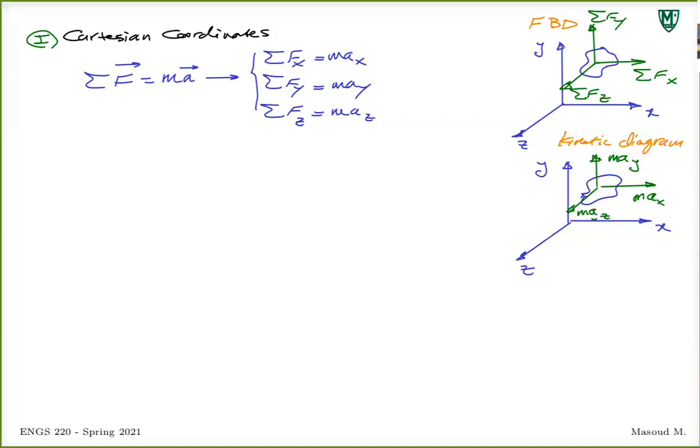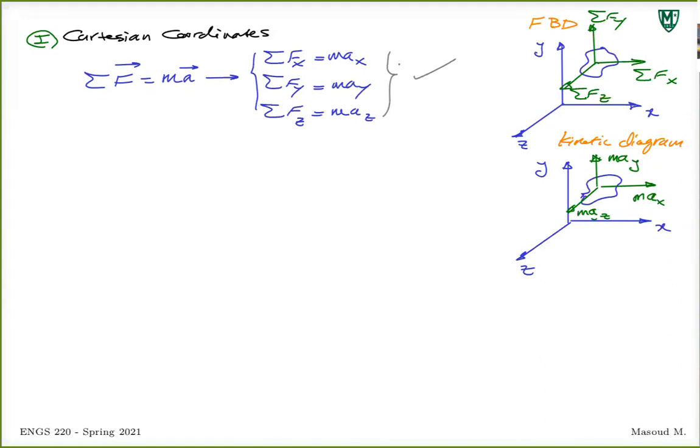So that's how you construct these equations here. I can say, well, summation of forces in x direction is equal to max. Now, how do you know the components? You multiply the acceleration components with m. How do you know ax, ay, and az? From before, right? When we were studying position, velocity, and acceleration in Cartesian coordinates.